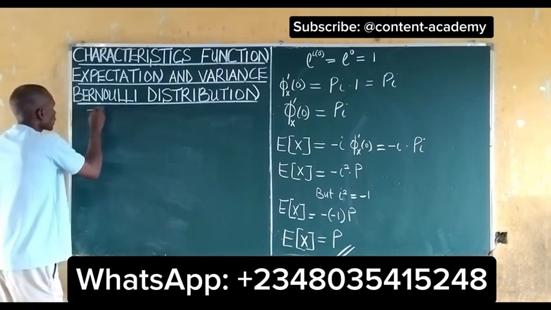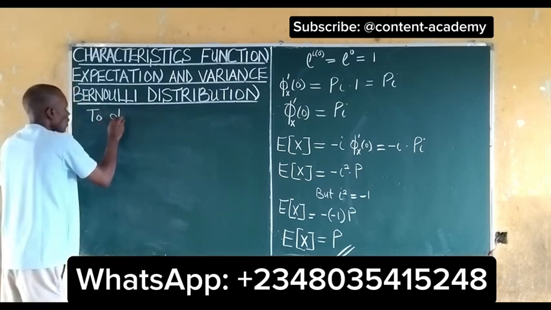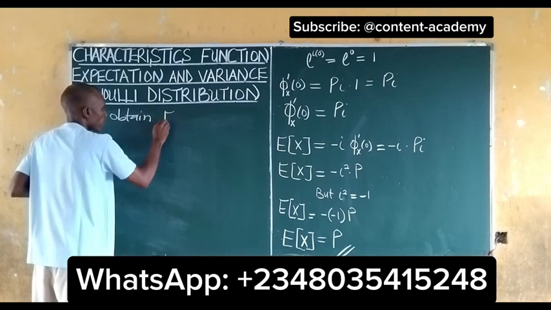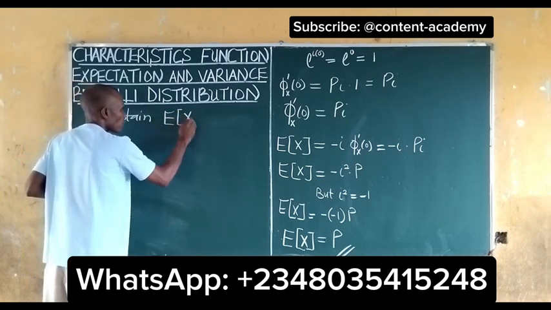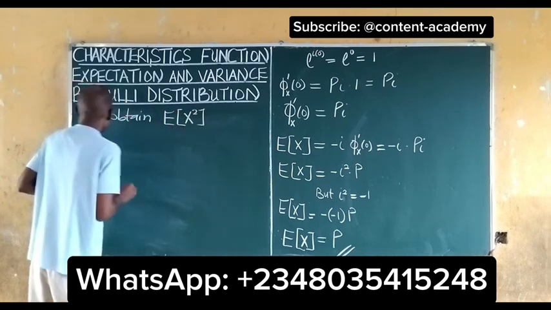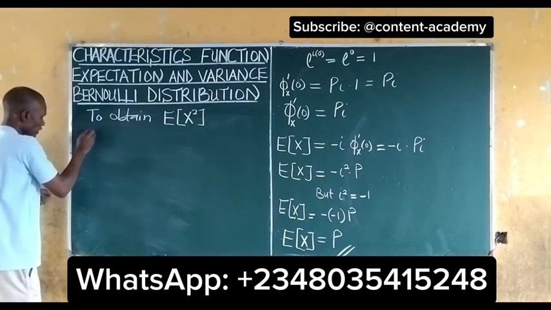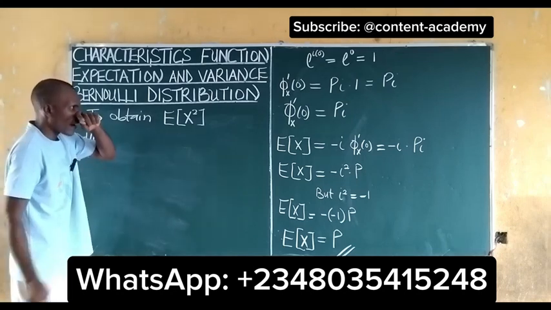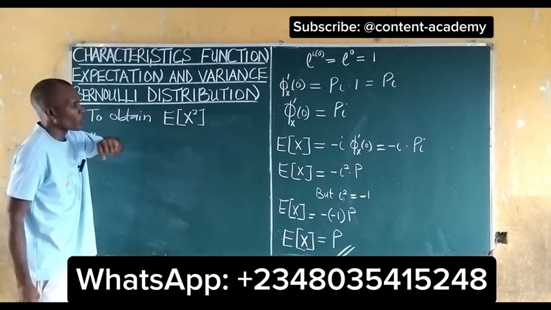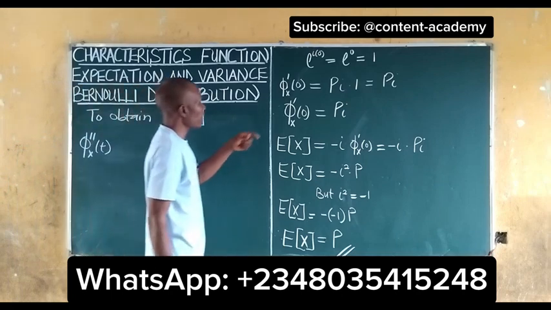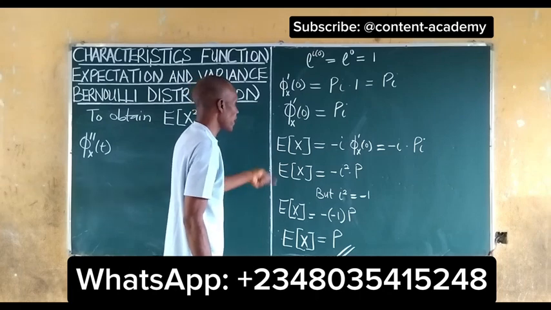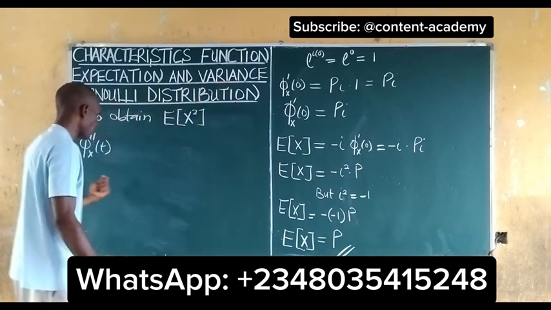We now say, to obtain the expected value of x squared, it means you have to look for the second derivative of the characteristic function. Now, what did we get as the first derivative of our characteristic function? We'll have to write it out first.